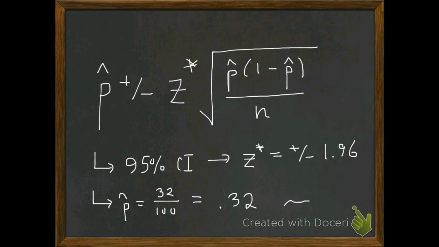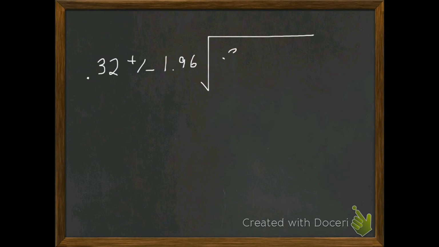Now, putting all this stuff together, we could calculate our confidence interval by taking 0.32 plus or minus 1.96 times the square root of 0.32 times 1 minus 0.32, all over n, which is 100.